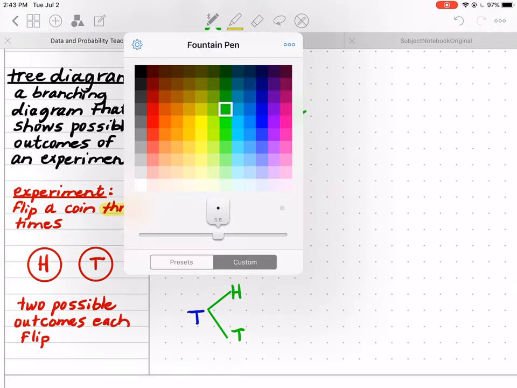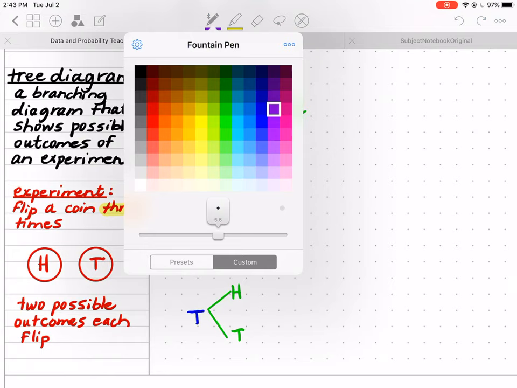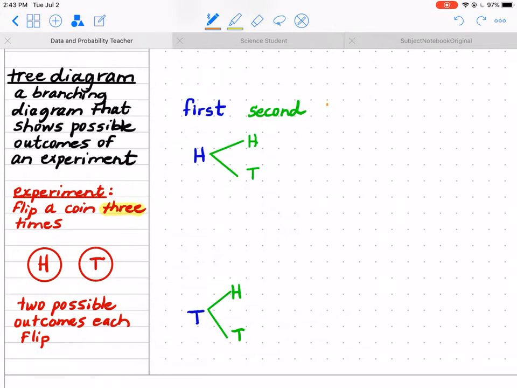So look what happens when I flip the third time. Let's use a different color that we can see a little better. How about orange? So the third flip, we could have had heads or tails, assuming this was the first option. So here's this one, and here's this one. And if I had had heads, tails, then I could get heads or tails again.